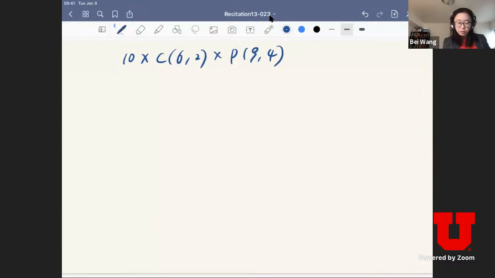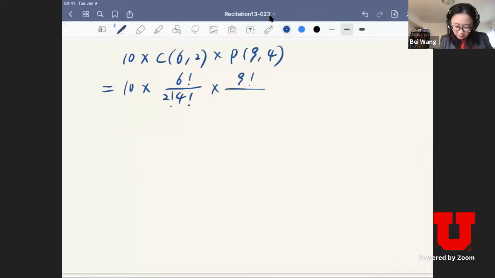If I were going to expand it, this is 10 times 6 factorial over 4 factorial over 2 factorial, and then 9 factorial over 5 factorial.